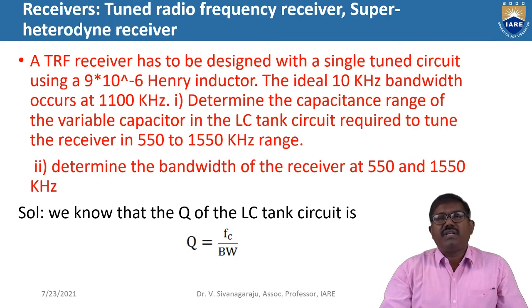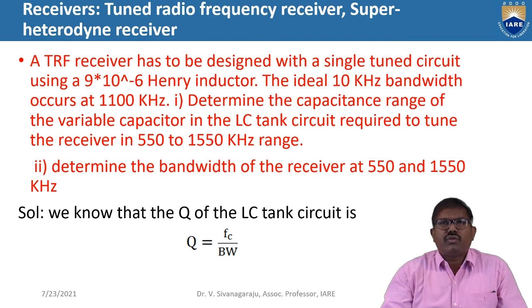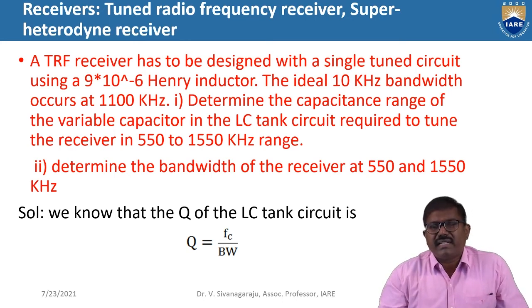And another problem is to determine the bandwidth of the receiver at 550 and 1550 kHz. So this is the given problem. We are going to find the capacitance range and the bandwidth of this receiver. So first we take it as a TRF receiver.